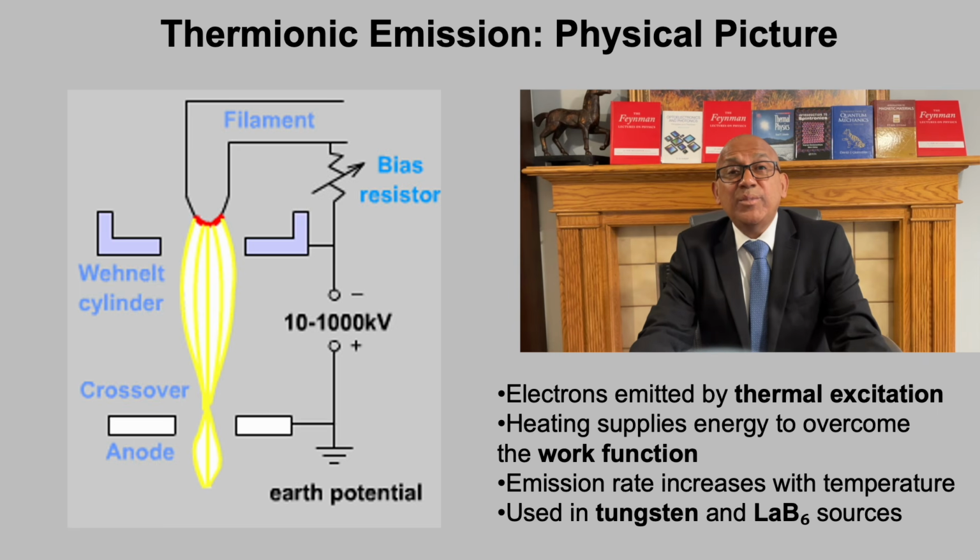The physical picture to retain here is that thermal excitation enables electrons to overcome the surface potential barrier, and the efficiency of emission is strongly influenced by the material's work function. In the next slide, we will examine specific thermionic emitters and see how differences in material properties translate into differences in SEM performance.